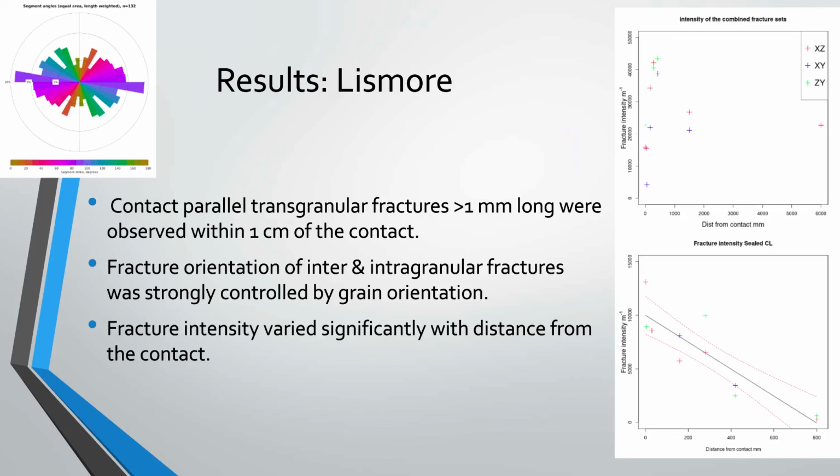See top right figure with the intensity on the y-axis against distance from the contact. The different coloured points represent sample orientation. Intensity increased with distance from the contact to a peak of 45,000 m⁻¹ at 40 centimetres, then decayed down towards the background levels outwards. This suggests a complex interplay between sources of brittle deformation and healing.